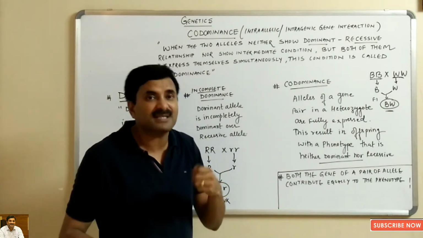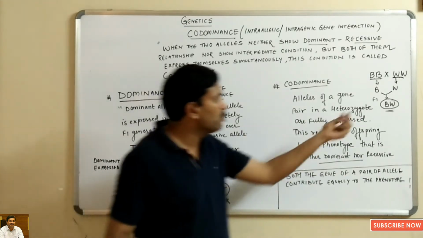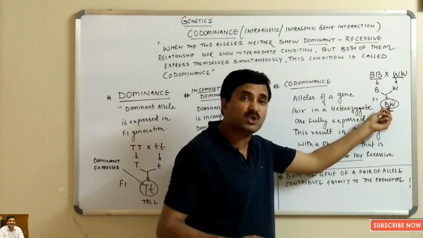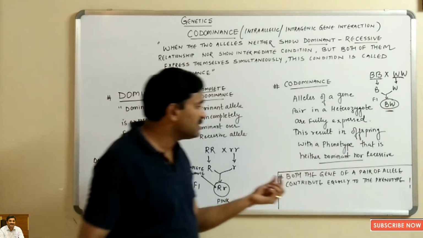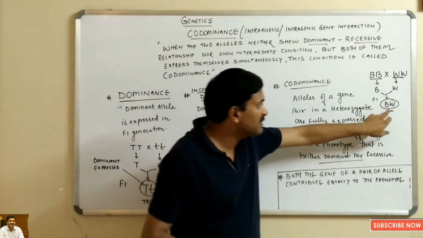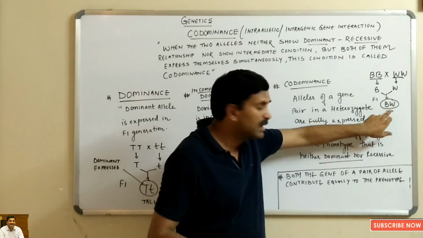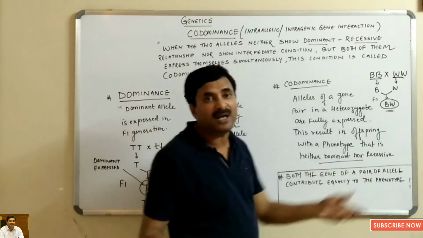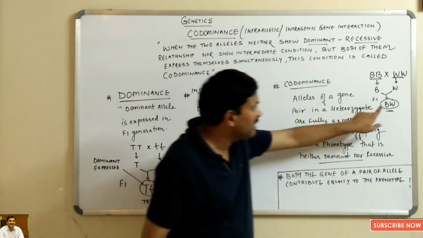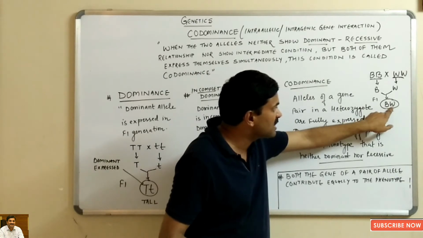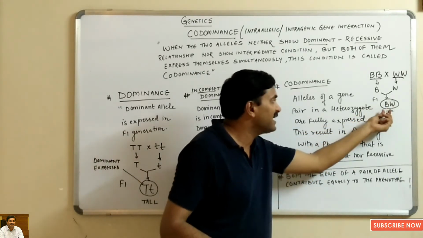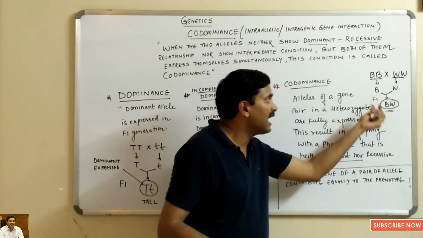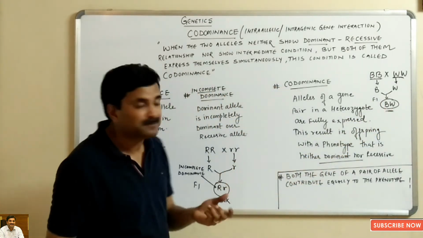Here the dominant-recessive relationship is not found. Both genes are expressed together simultaneously in the F1 generation, meaning both genes in this heterozygote contribute equally to the phenotype. Hence we can say that both these genes are codominant, or both these alleles are codominant to each other.